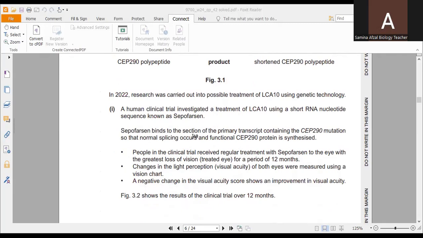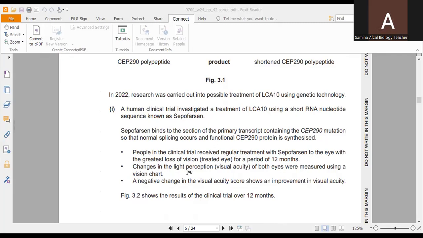Sepofarsen binds to the section of the primary transcript containing the CEP290 mutation so that normal splicing occurs and functional CEP290 protein is synthesized. People in the clinical trial received regular treatment with sepofarsen, with the eye with the greatest loss of vision treated, for a period of 12 months.